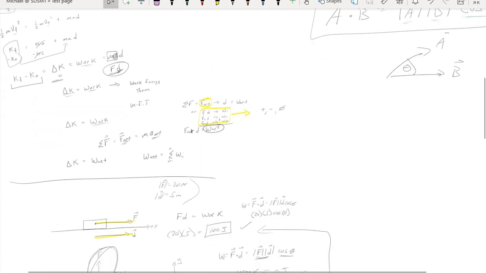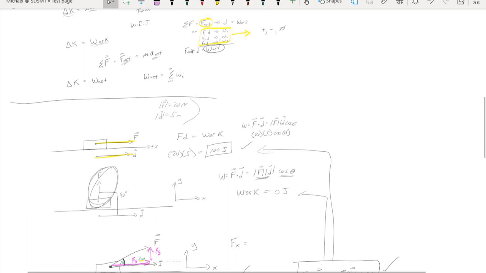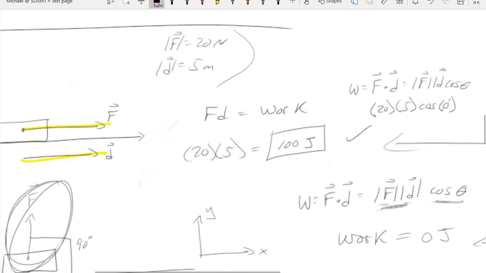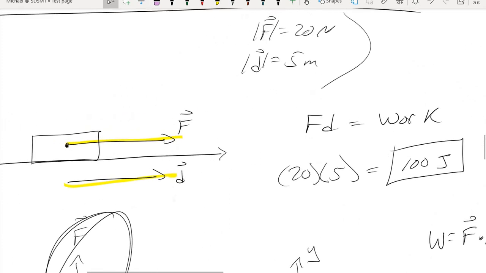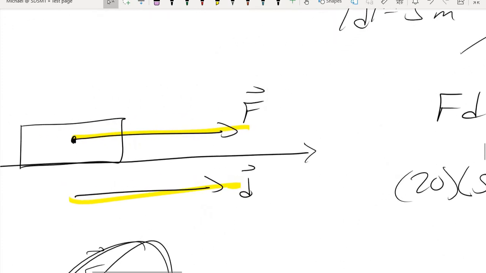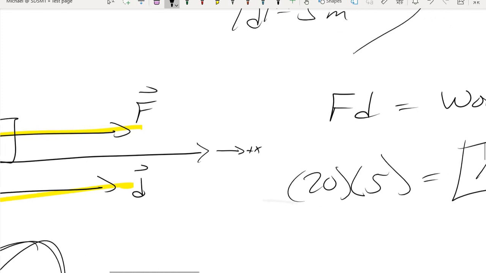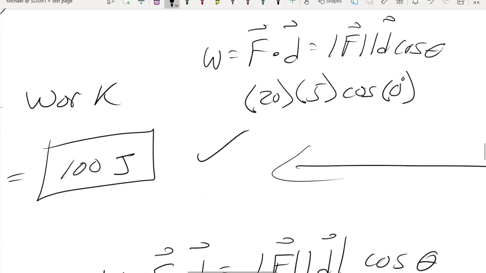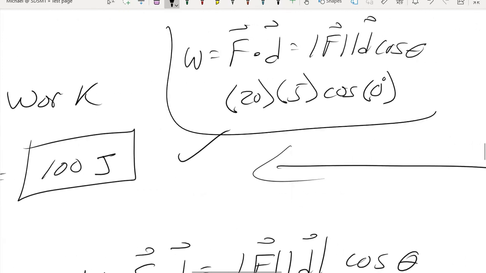In fact, I could probably get away without even having to use reference frames for these problems. If I remove the reference frame from this first example, do you really need me to tell you that this is the positive x direction for you to be able to carry out this dot product?